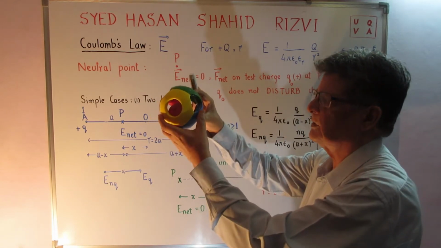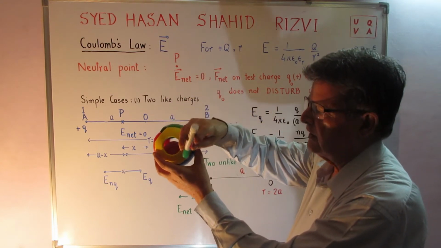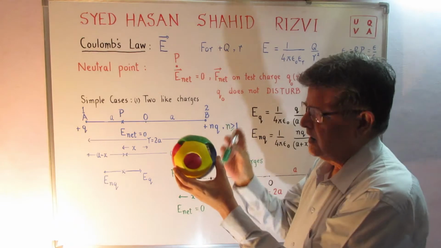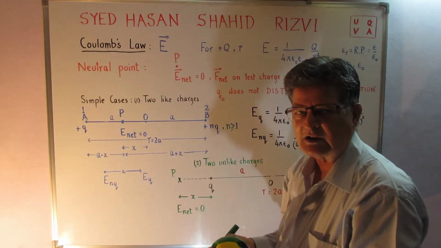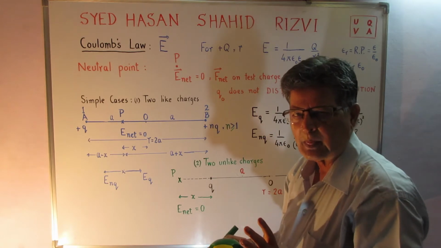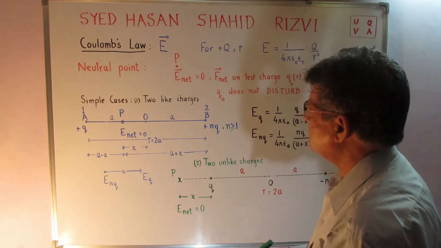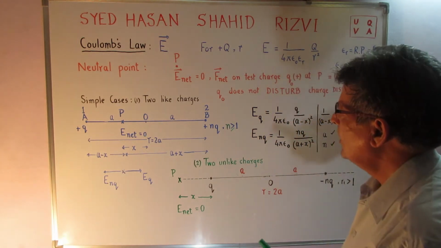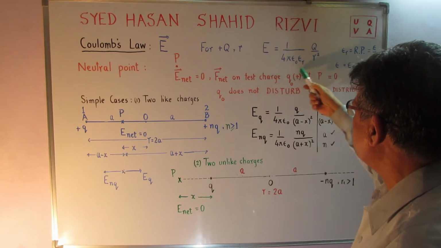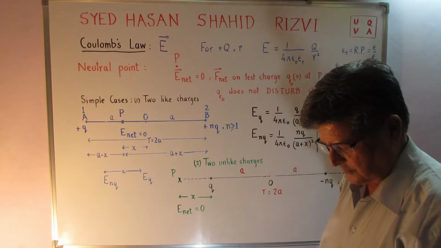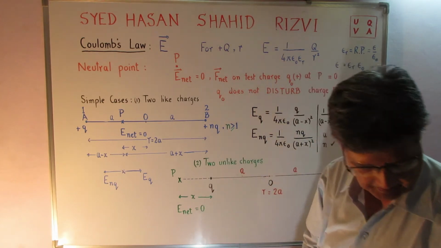So all points on the surface of this sphere are equidistant from the center, at a radial distance, right? So this value will be true for all the points on the surface of this sphere.